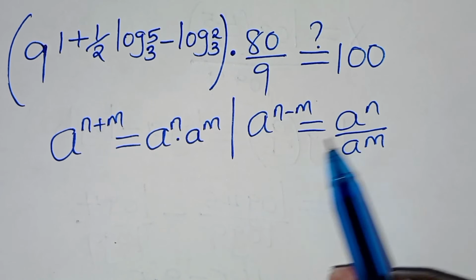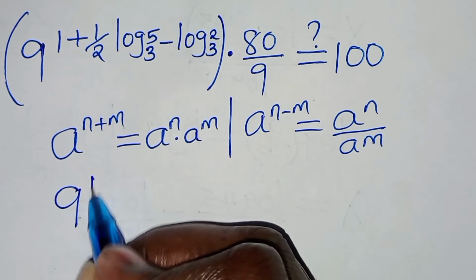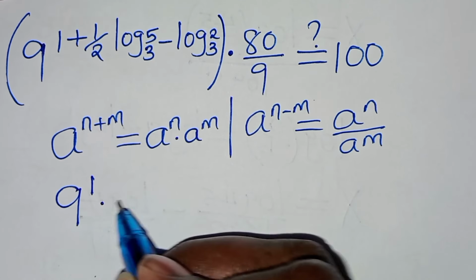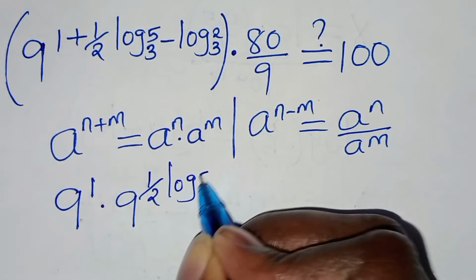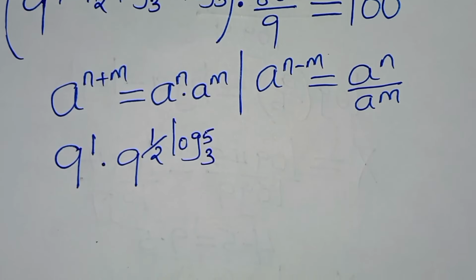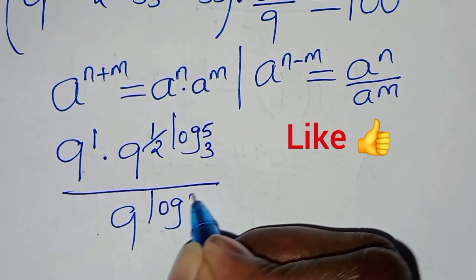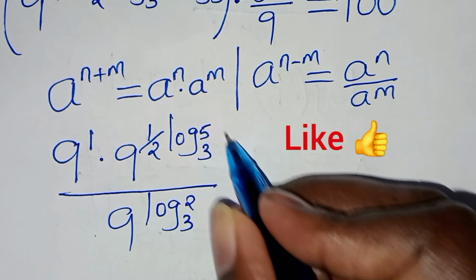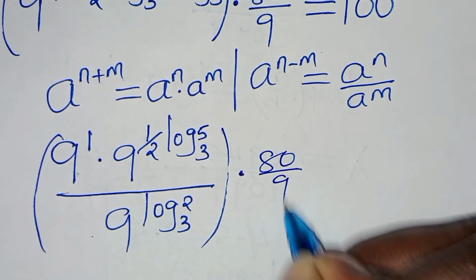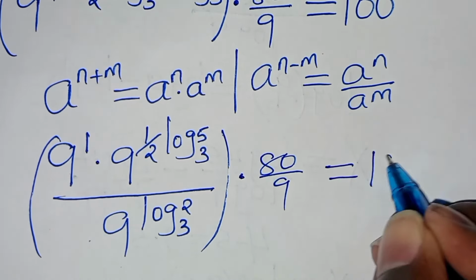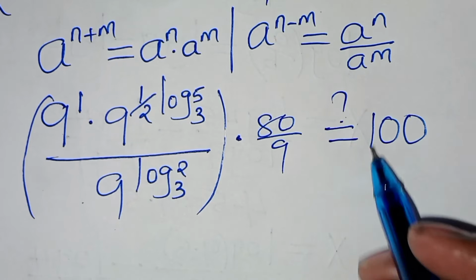Applying these exponent properties here, this implies that here we have 9 to the power of 1 multiplied by 9 to the power of a half. This is log 5 to base 3. And then divided by, here we have 9 to the power of log 2 to base 3. And everything here multiplied by 80 over 9. This is supposed to give us a value of 100. Now let's check if this is true.